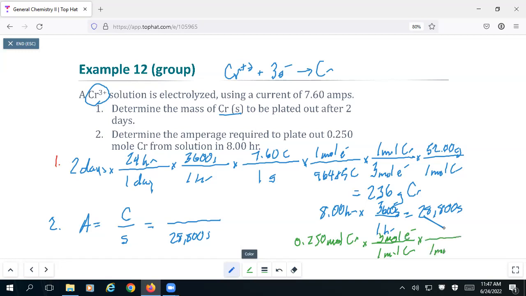And each mole of electrons, according to Faraday's constant, is 96,485 coulombs. So 0.250 times 3 times 96,485. To 3 significant figures, 72,400 coulombs of charge.